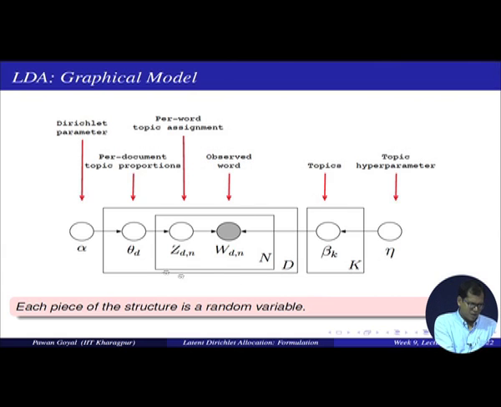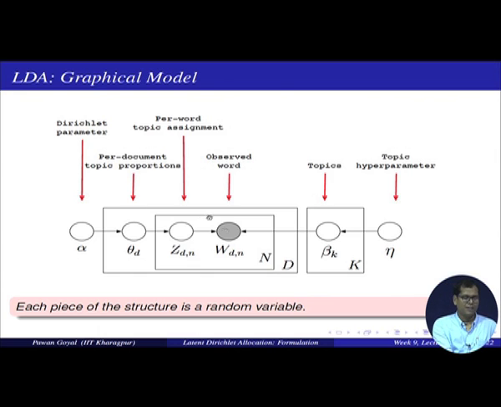Then let us look at this part. I have capital D different documents in my collection. For a given document small d, I have the theta d variable that denotes per-document topic proportions. So for this document small d, what are the proportions in which you are blending different topics together? This will be different for different documents.